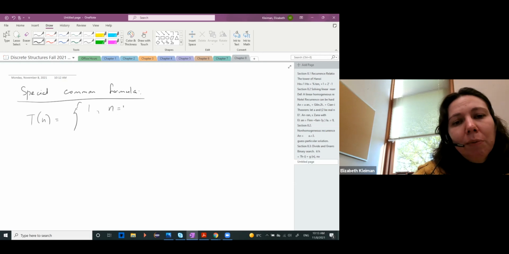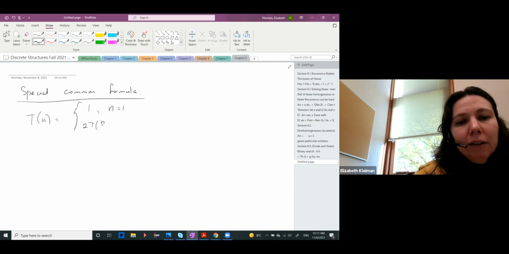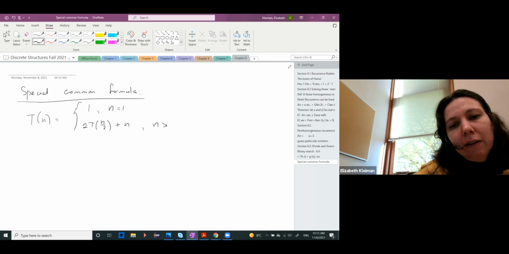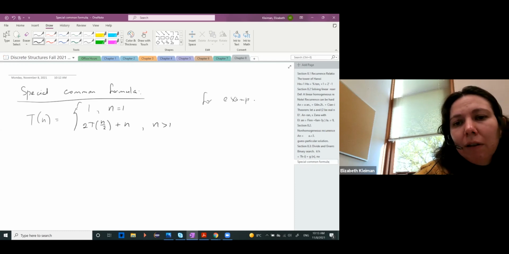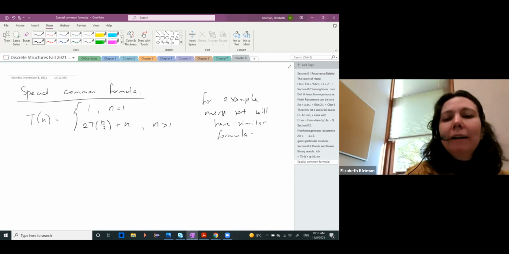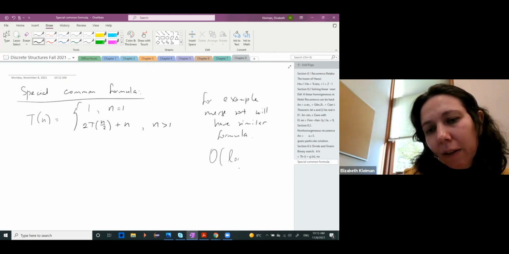So it's going to be 1 when n equals 1, and then it's going to have a formula like that. For example, merge sort will have a similar formula. And actually, I'm already going to give you away the thing.